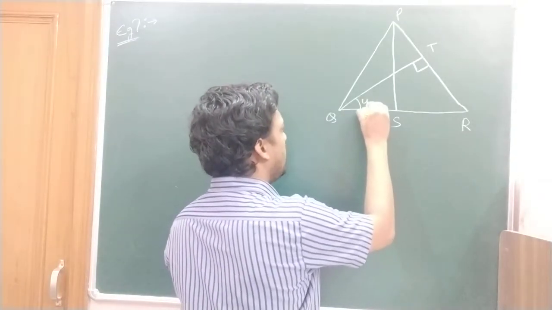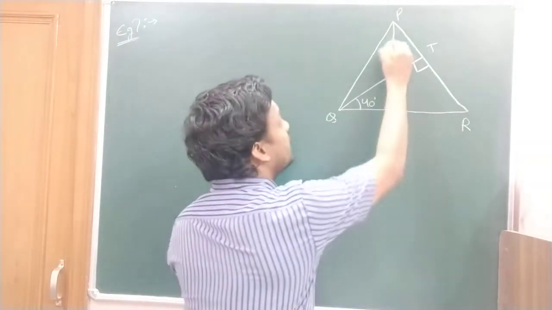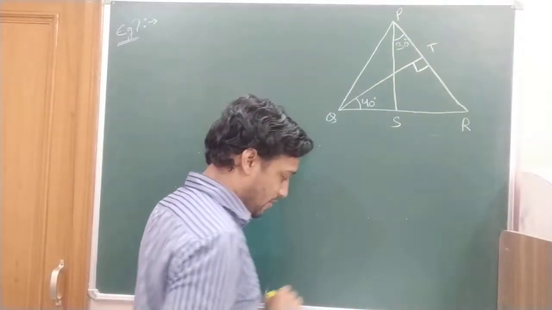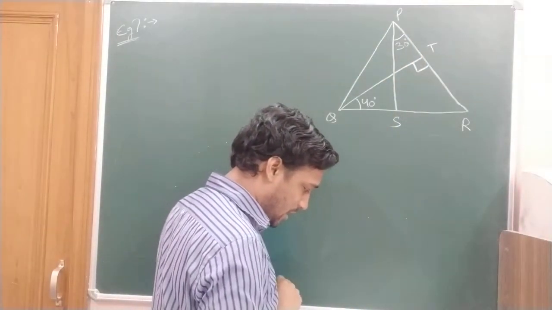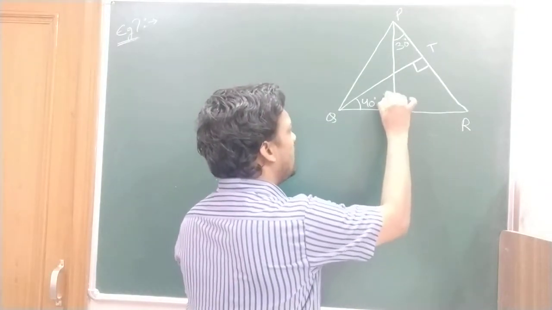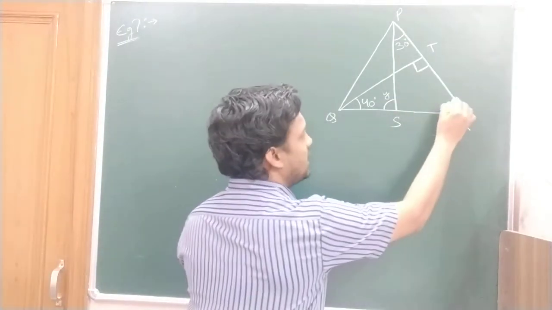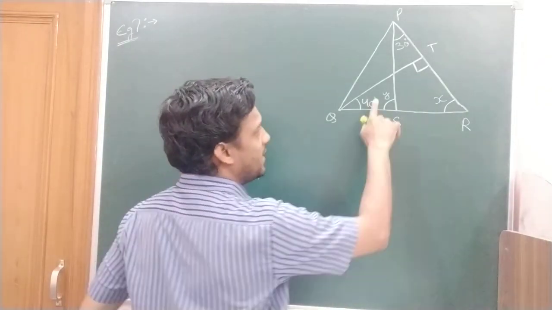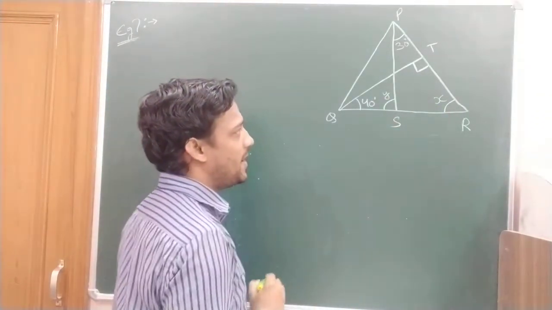There is an angle of 40 degrees. There is an angle of 30 degrees. The diagram is already given in the question, so I am just labeling them. That's angle Y. That's angle X. Now you have to find angles X and Y.